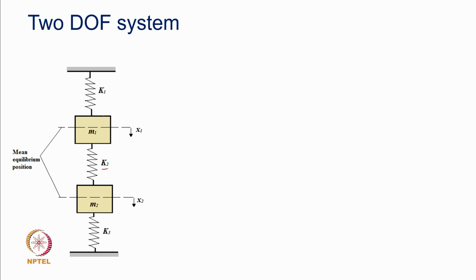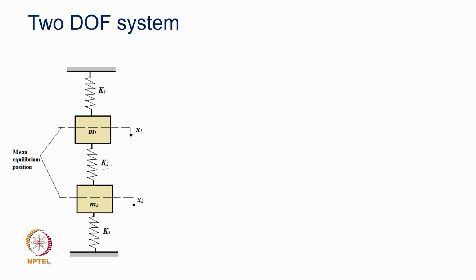Usually K1 and K2 will suffice. For example, in the case of a hoisting drum, this is the stiffness of the beam, this is the stiffness of the rope. So, this spring may not be necessary, but just for the sake of completeness or illustration, we have included one more spring here.